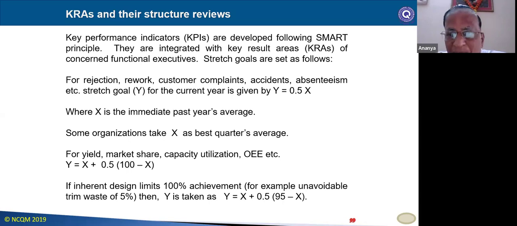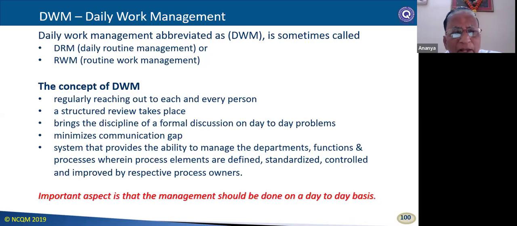This year, my performance needs to be better. So my yield has to be improved, but I also need to maintain my target of last year. I need to definitely go more than that. That was the X, and I am reducing my rework rejection. So therefore, this formula comes. Okay, so something like that can be clear from that.